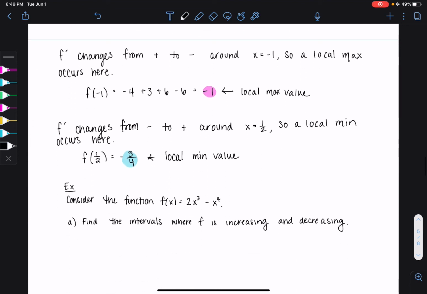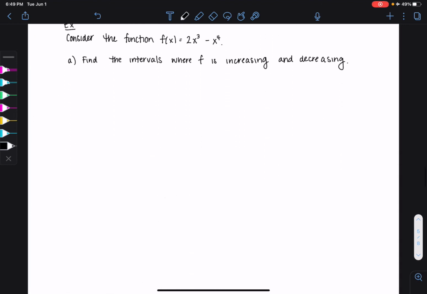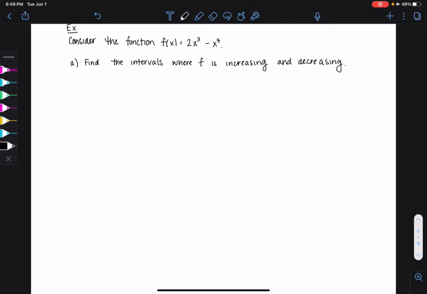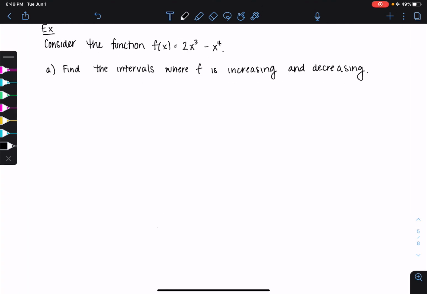So I just have 2 more examples because it's going to be best the more practice you can get with these things. We're going to work with the function 2x cubed minus x to the 4th, and we're going to do 2 different things. First, we want to find the intervals where f is increasing and where it's decreasing. So we need where the derivative is positive and where that derivative is negative.